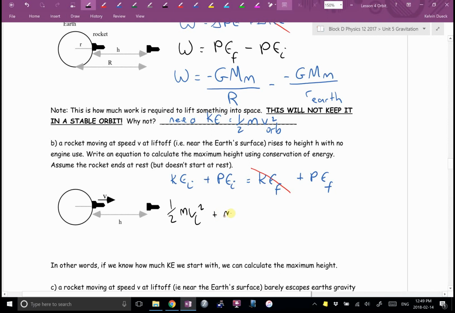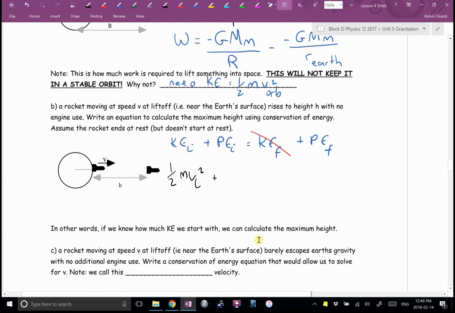plus, why is this wrong? Okay. So what am I going to put here instead? Negative big G, big M, little m over R initial, and I'll put Earth, but understand that for any planet, if I gave you a different radius and a different planet, we could handle it.